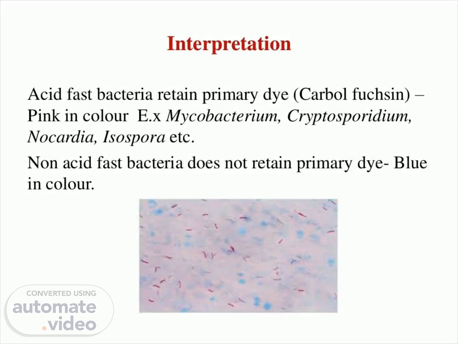Interpretation. Acid-fast bacteria retain the primary dye, carbol fuchsine, and are pink in color. Examples: Mycobacterium, Cryptosporidium, Nocardia, Isospora, etc. Non-acid-fast bacteria do not retain the primary dye and are blue in color.